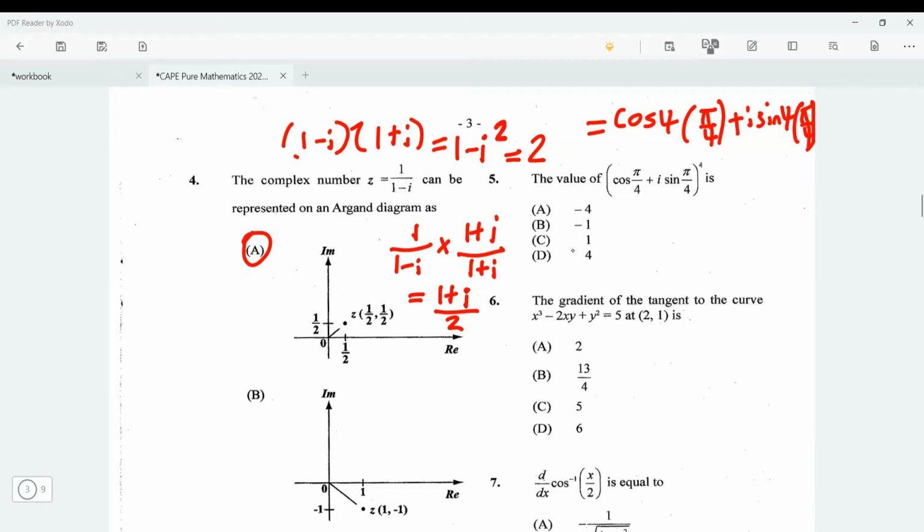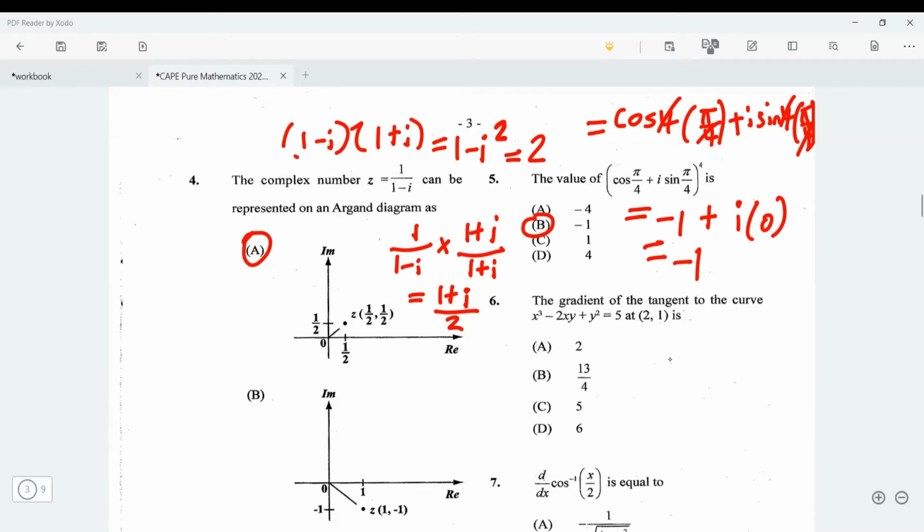Now this 4 cancels this 4, and the cos of pi is negative 1. So this becomes minus 1 plus i times sine of pi, which is 0. So this becomes just minus 1, which is option B.